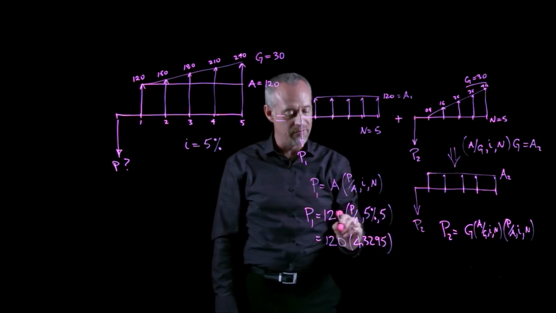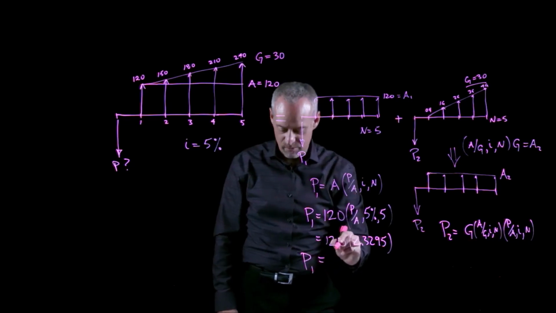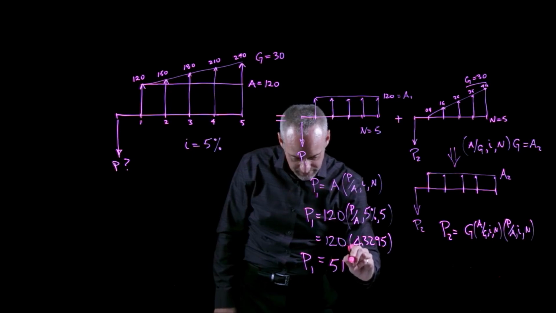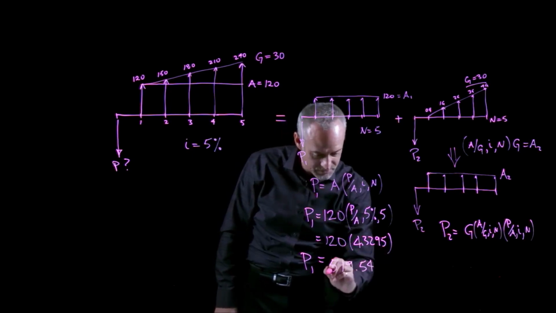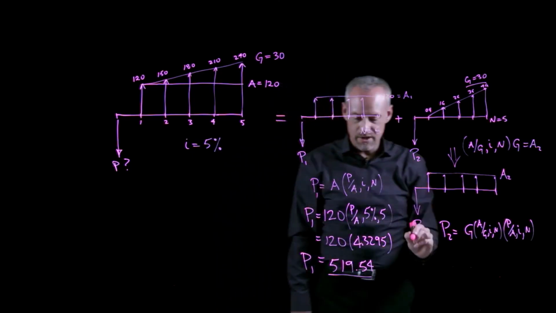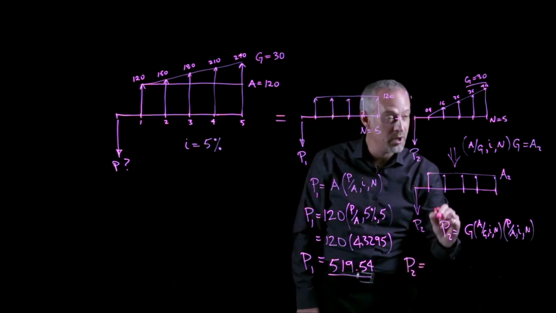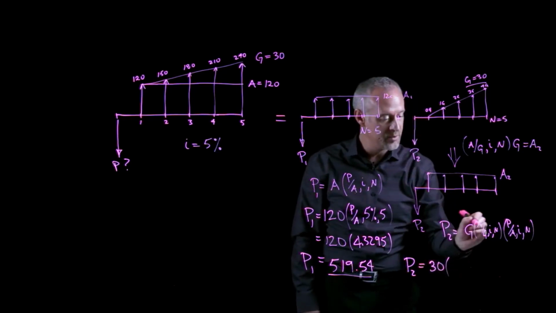Check that you can get that value from your compound interest tables. So my value for P1 should be $519.54.